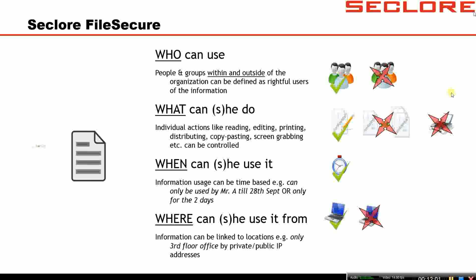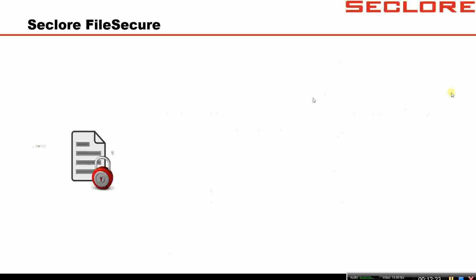So now we take this policy, and we create the answers to all of these questions. We create a policy, and then the policy is embedded into the content itself.